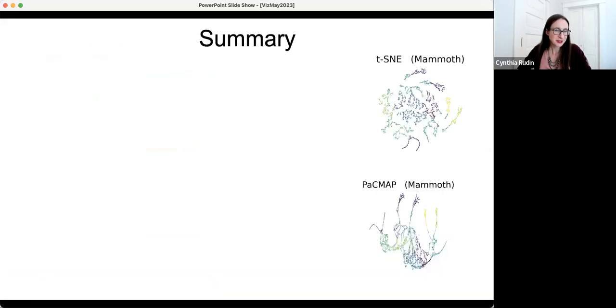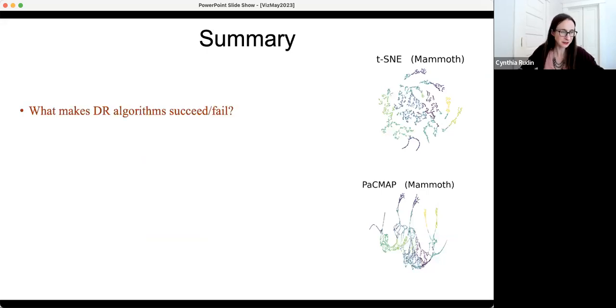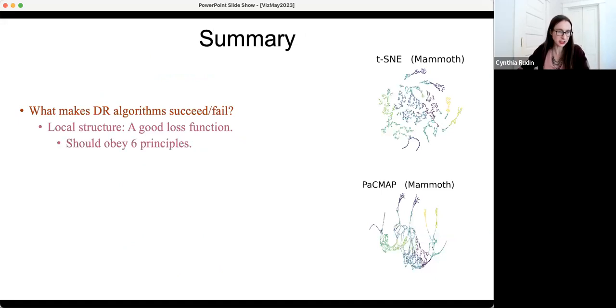All right, so just to summarize, I talked about what makes dimension reduction methods succeed or fail. In particular, for local structure, you need a good loss function, and I talked about what makes a good loss function: it's obeying the 6 principles.